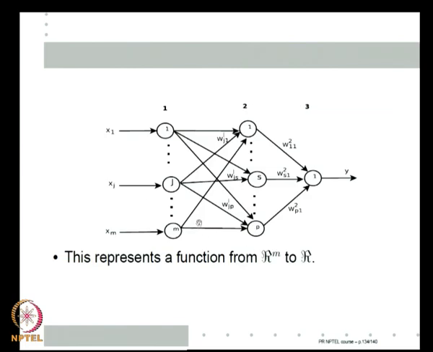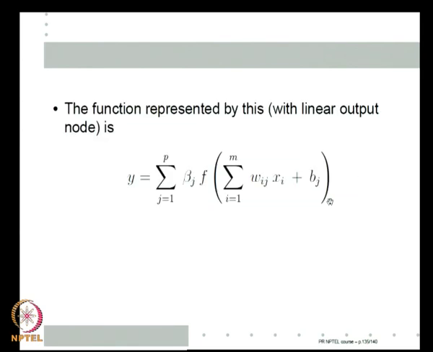Let us go back to the old three-layer network. Essentially, the three-layer network function is a linear sum of the outputs here. So, given the inputs, I first calculate these outputs through some function and then take a linear sum, right. So, the function represented by this network can be written as y is equal to sum over j, the hidden nodes, beta j into sigmoid of a linear sum. This is the actual sigmoidal activation function and each node does a linear sum.